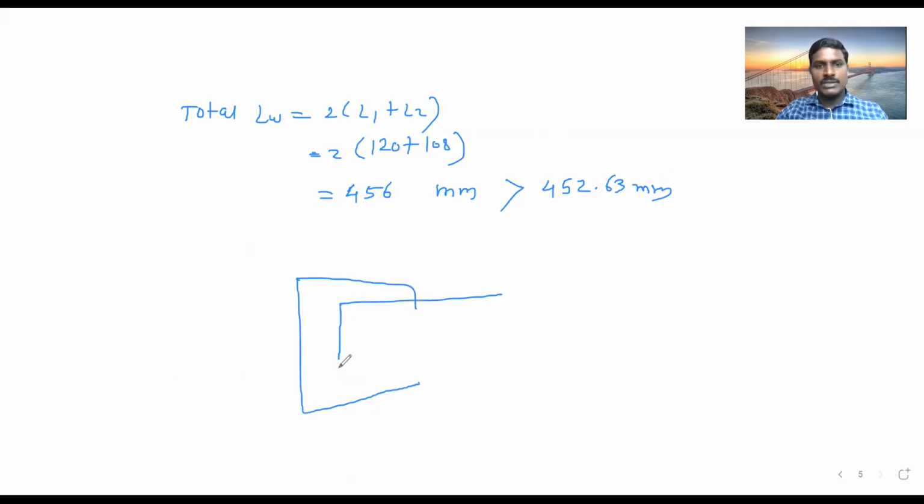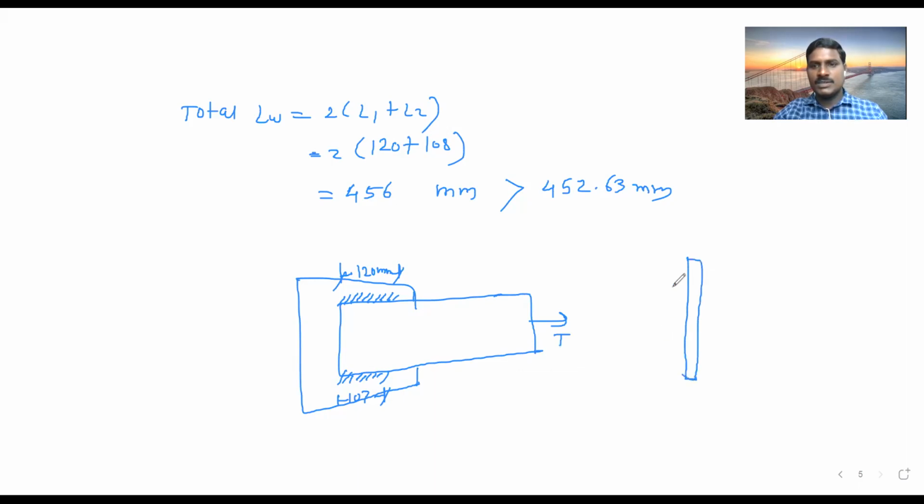So again you can draw the sketch. This is your L1. L1 is 120 mm. This is your 107. This is the plate, this is the angle, on both sides, and here you are welding. So there are a total of 4 sides.